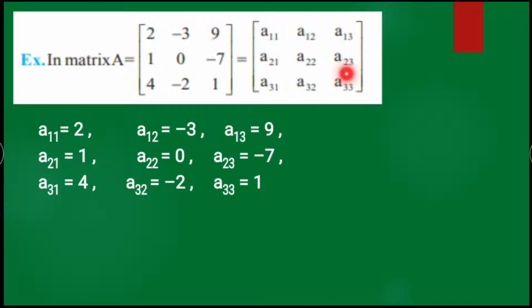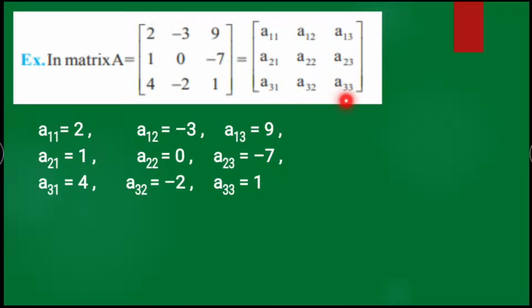Here this A23 lies in the second row and third column. So this 2 represents the position of that element in the second row and 3 represents the position of that element in the third column. Similarly we can show the position of 4 as 3, 1, the position of minus 2 as 3, 2 and the position of 1 as 3, 3.